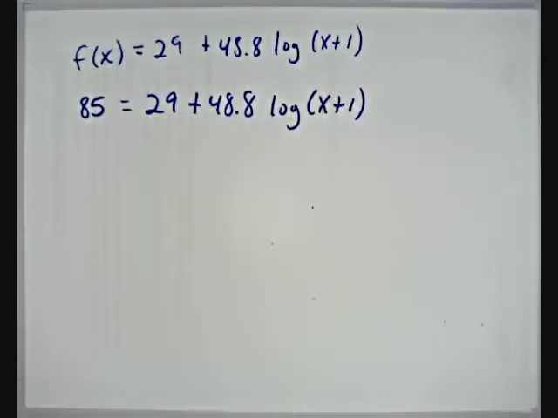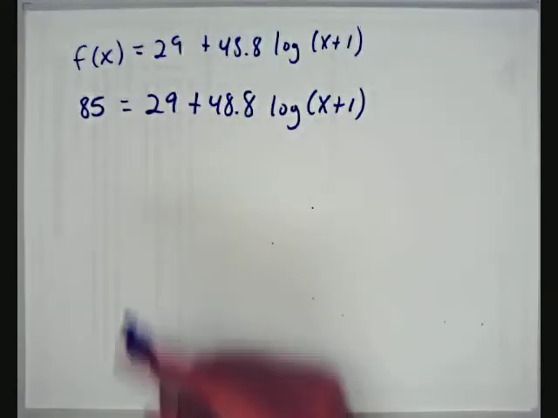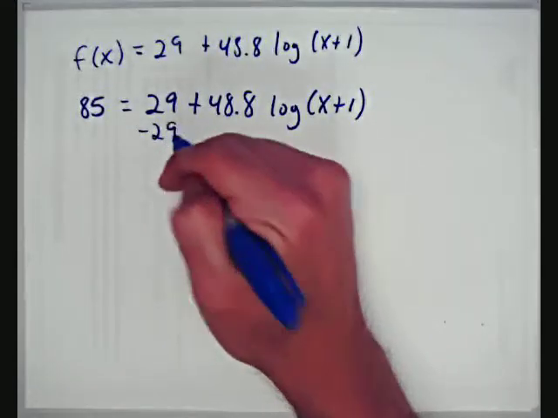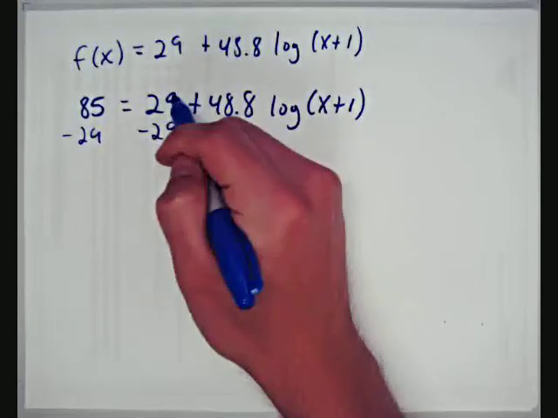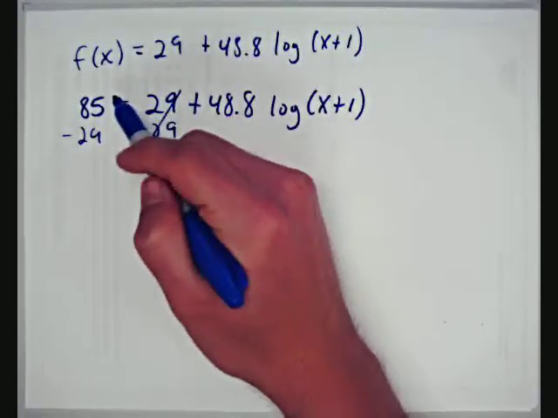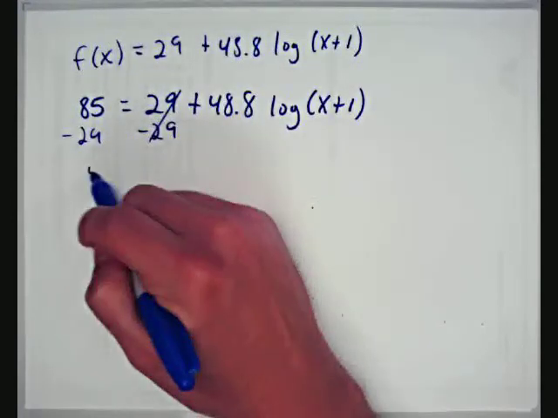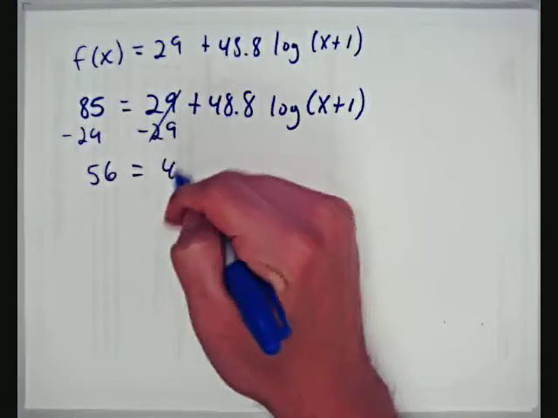So here we have a log equation with x inside the log, and there are terms that are not associated with the log. So our strategy will be to get the log alone and then use the definition of the log. So first thing, subtract 29 on both sides of the equation. 85 minus 29 is 56.